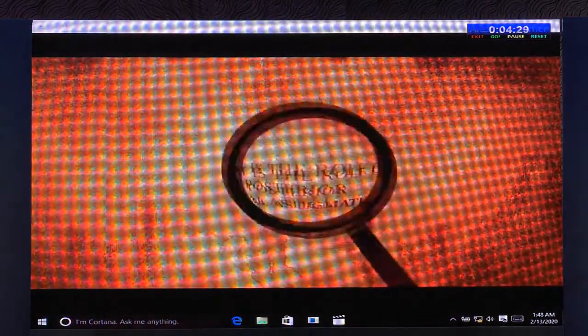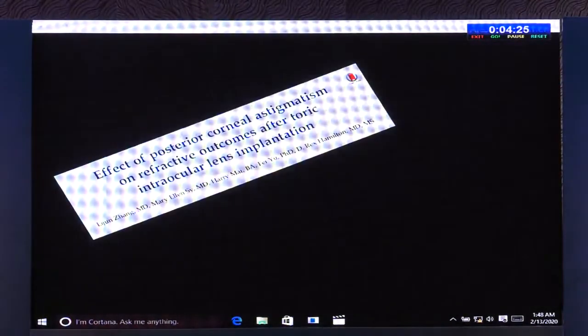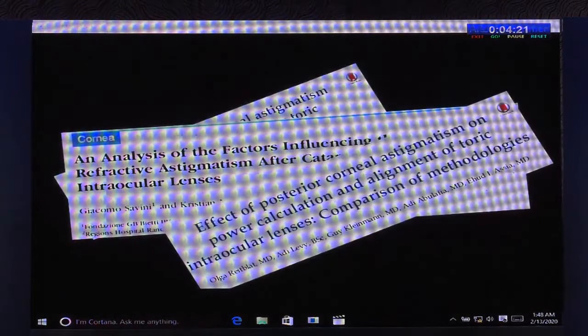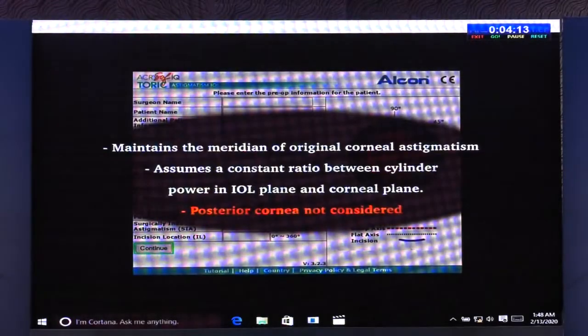The next question which was asked is about the importance of posterior corneal astigmatism. In the literature, it is reviewed that posterior corneal astigmatism plays a very important role in toric IOL. Till recently, the online calculators assumed a constant ratio.